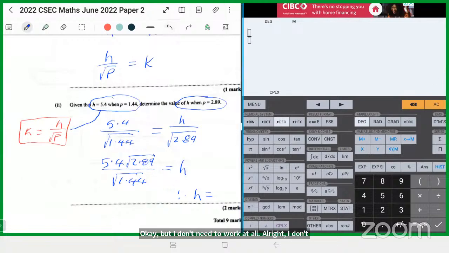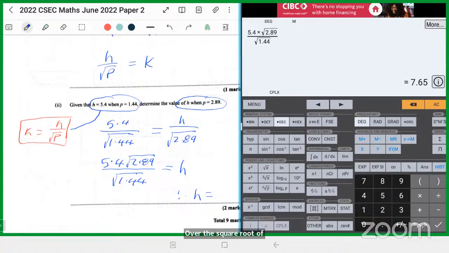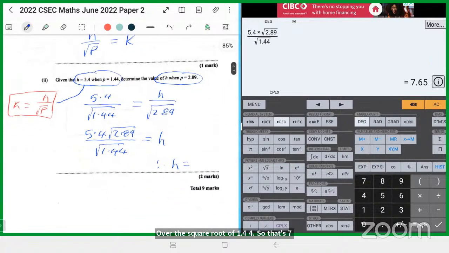I'm just going to set up this: 5.4 times the square root of 2.88 over the square root of 1.44. So that's 7.65. That's my h. End of this question.